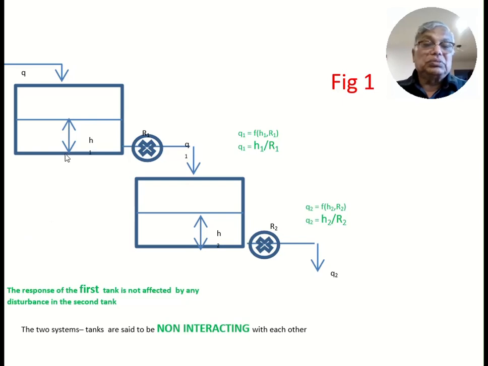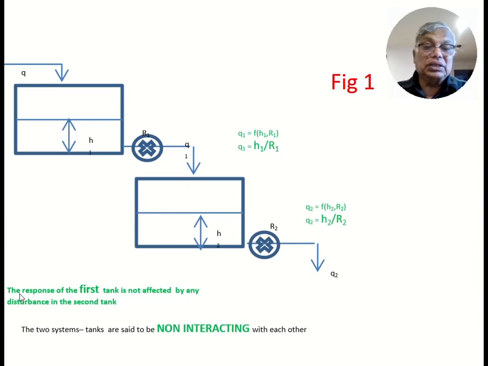So two systems connected in series are said to be non-interacting if the response of the first system is not affected by any disturbances in the second tank. That is the concept of non-interacting systems in series.